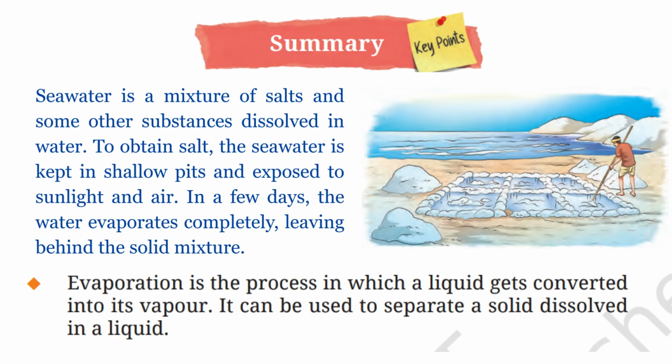Seawater is a mixture of salts and some other substances dissolved in water, right? To obtain salt, the seawater is kept in shallow pits and exposed to sunlight and air. In a few days, the water evaporates completely, leaving behind the solid mixture.